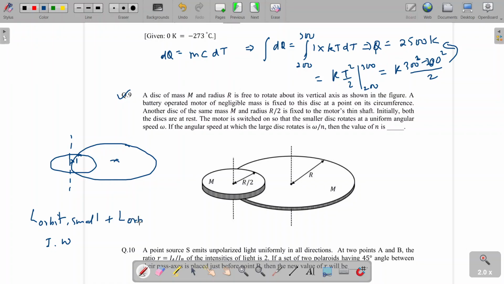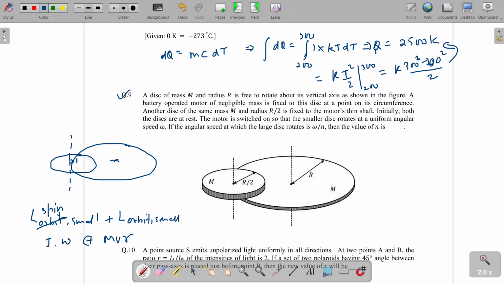When we talk about spin, it is about its own axis, so that is I omega, and the orbital angular momentum would be some mvr.